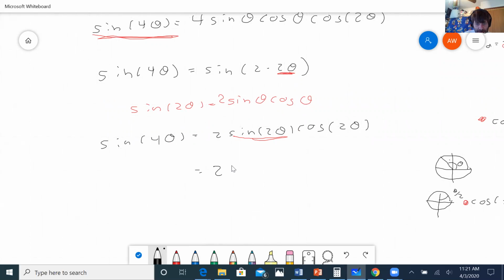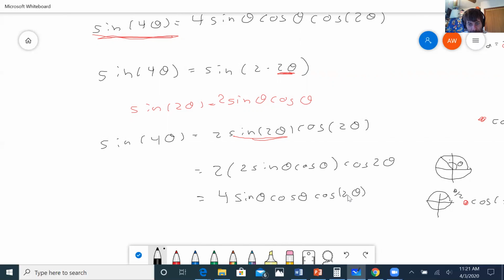So I have 2 times 2 sine theta cosine theta. And my cosine 2 theta is still right there. And then 2 times 2 is 4. And if I look up here, this is indeed the thing I was trying to get.